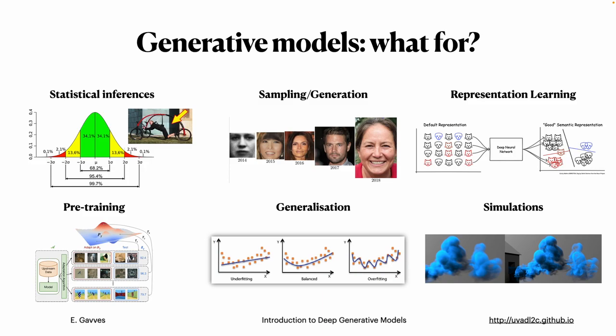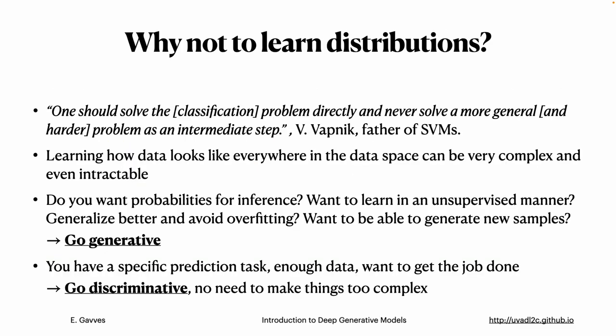You might want it for generalization, to make sure that you don't overfit, because you have to basically explain all possible data. So hopefully you generalize better. You can use it also for simulations, like physical simulations, which is perhaps quite close to generation.